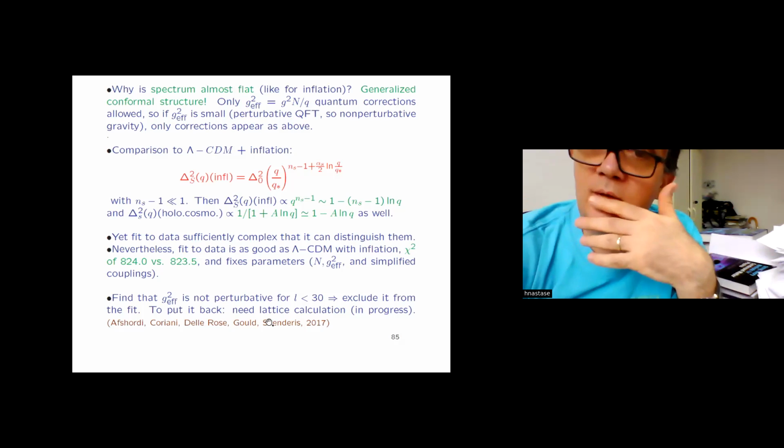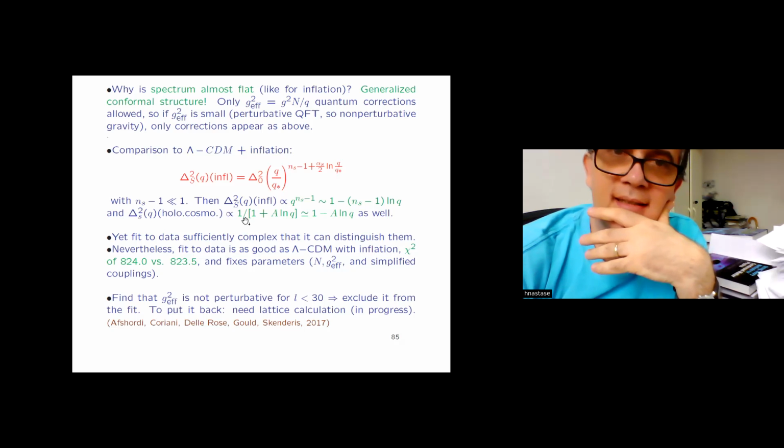So then, why do we get something that is similar to lambda cold dark matter plus inflation?